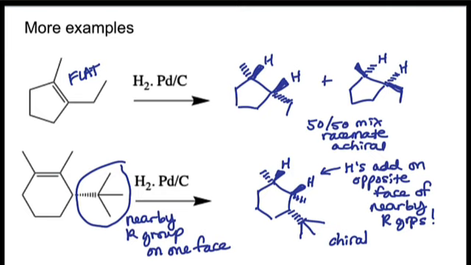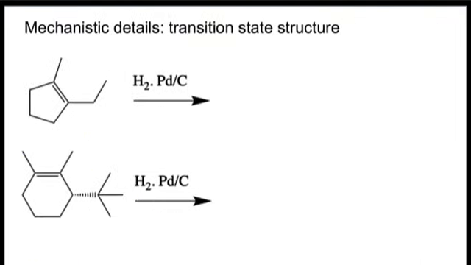Okay, so the other stereoisomer does not form. Chiral starting material led to the chiral product. All right, so let's think about the mechanistic details in both cases here to try to reason why we would have an achiral product in one case, but a chiral product in the other case.